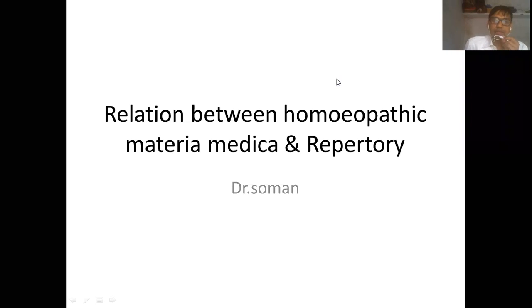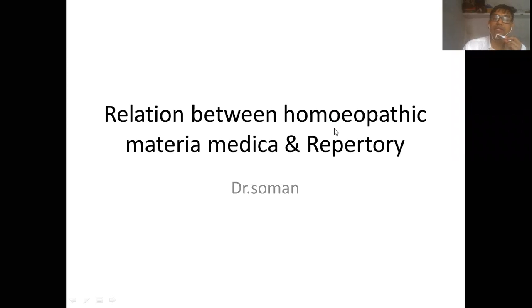So, we have seen advantages of repertory, disadvantages of repertory, and in that topic, we have also studied that these advantages and disadvantages will help us to understand the relationship between repertory and other subjects. So today we'll see the relationship between homeopathic materia medica and homeopathic repertory.